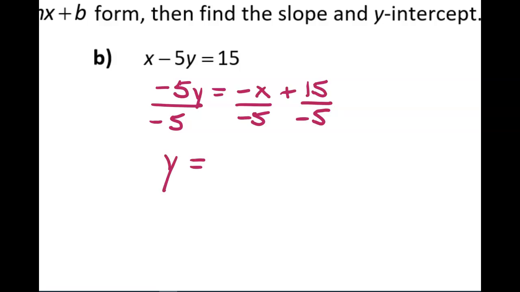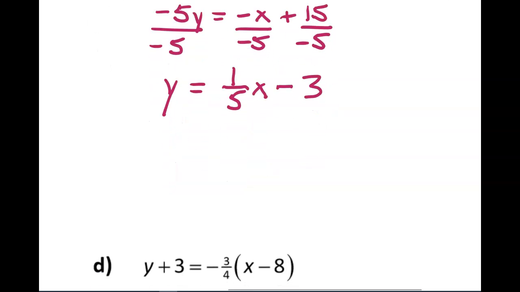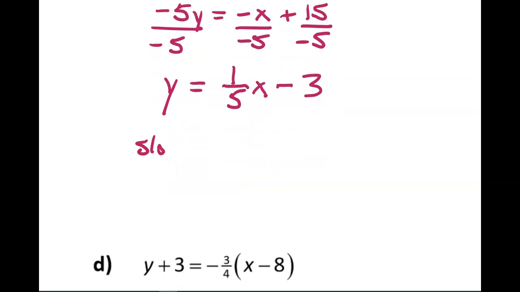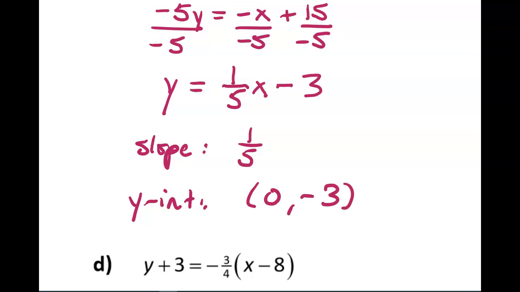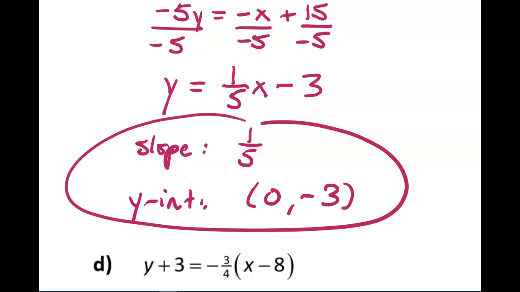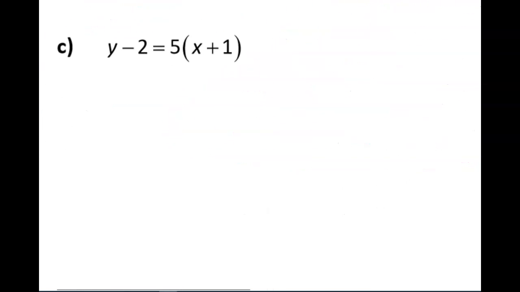That gives us y equals positive 1/5 x, because remember that coefficient of the x is -1. So -1 divided by -5 is positive 1/5. And then plus 15 over -5 is plus -3. So that means that our slope is the coefficient of x, which is positive 1/5, and our y-intercept is the point (0, -3).